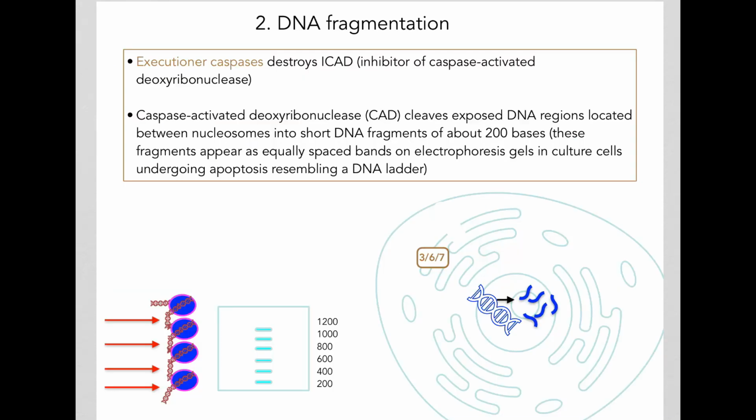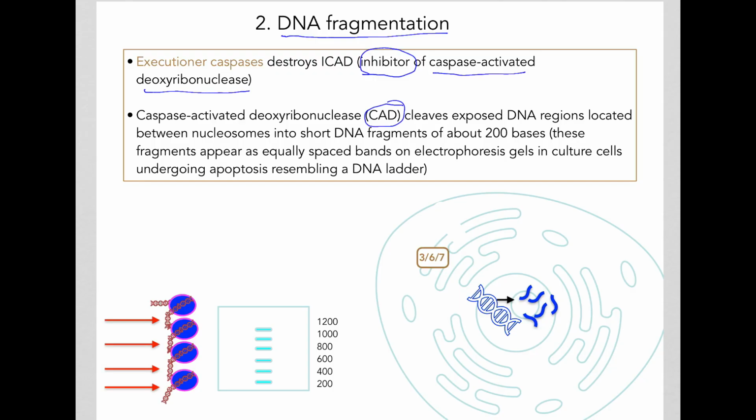Now, cleaved lamin A/C is a marker of caspase activity as well as apoptosis activation. Another effect of these executioner caspases is DNA fragmentation. What happens here is these executioner caspases cleave and destroy an inhibitor of an enzyme called caspase-activated deoxyribonuclease, or CAD.